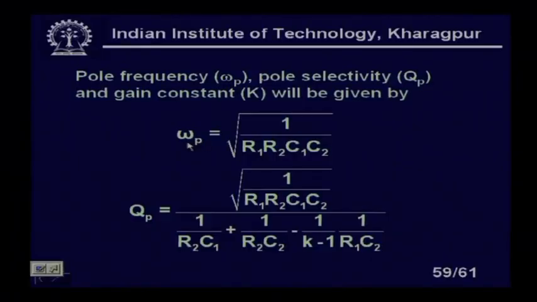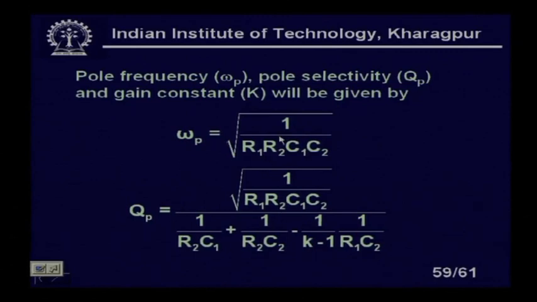The problem in this type of single amplifier structure is that, suppose after fabrication I got 900 hertz, and to get 1 kilohertz I tune, then Q p also will change, because this R 1 is common in both.